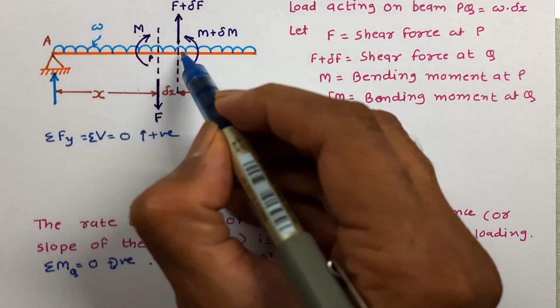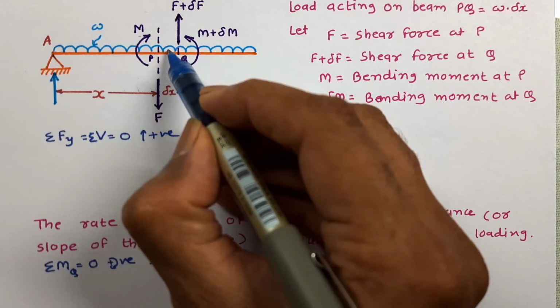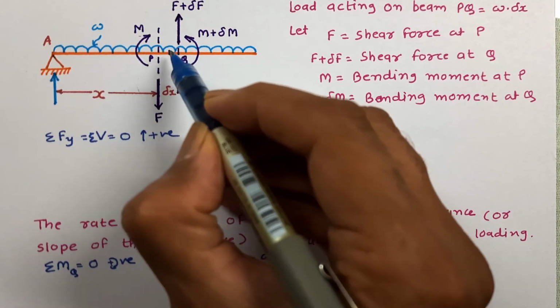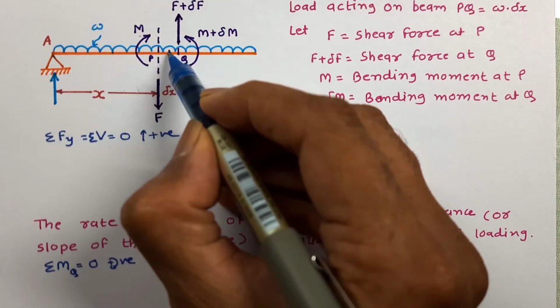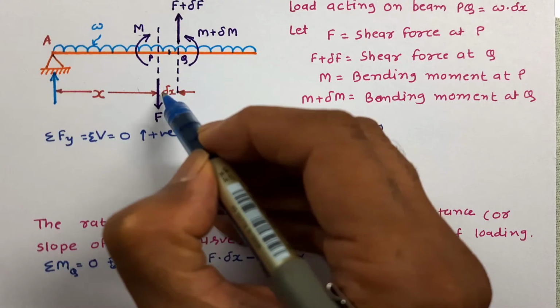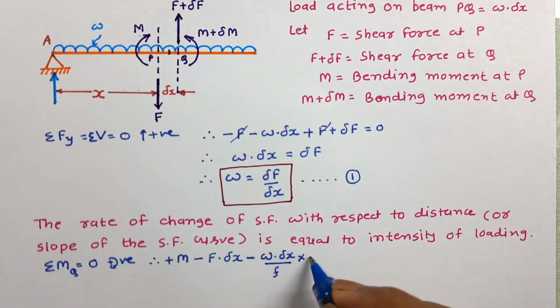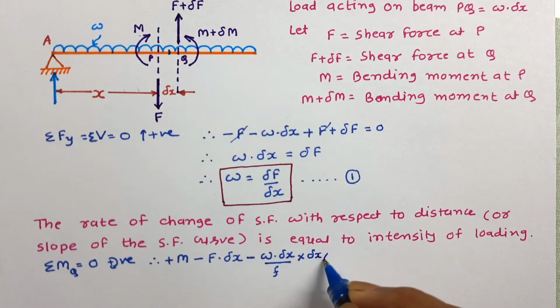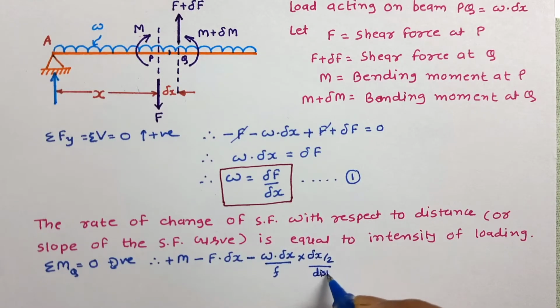Let us assume that it is acting at its CG, so the distance of the CG of this force to point Q is half of del x. So the distance is equal to del x by 2. This is the distance component.